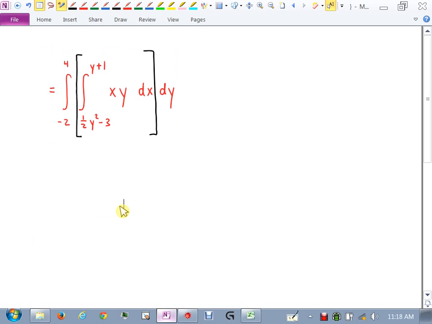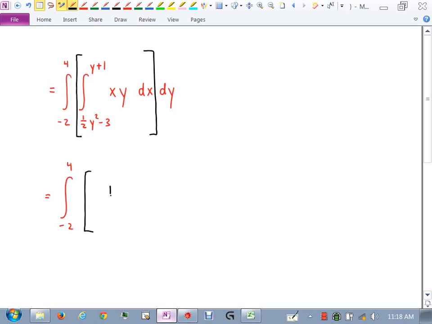All right, so the inner integral. I take the antiderivative of x times y with respect to x, so treating y like a constant. So what is the antiderivative of this then? x squared y over 2, or you could say 1/2 x squared y, either way.